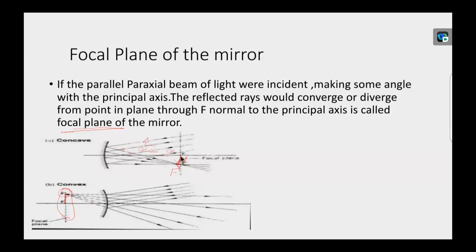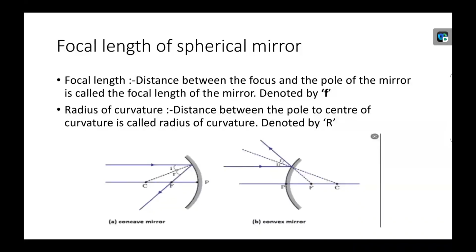From that point, we draw a perpendicular to the principal axis. That perpendicular we call the focal plane of the mirror. Now we have a brief introduction to how reflection takes place through convex and concave mirrors, and what happens when the parallel beams make some angle, and where the image is.